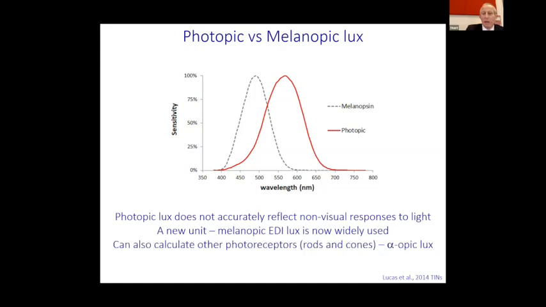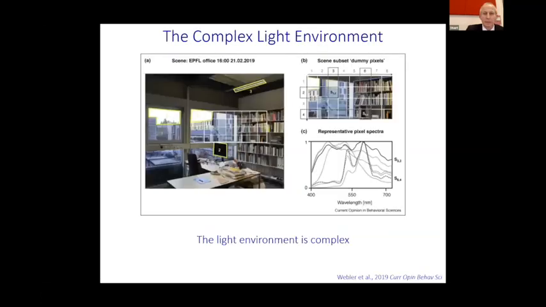Using the same sort of system, for any light source you can calculate the activity of any retinal photoreceptor, rods or red, green or blue cones. This is what you refer to as alpha-opic lux, where alpha is the type of photoreceptor you're referring to. So you can apply this to basically all the photoreceptors in the human retina to describe these different responses to light.